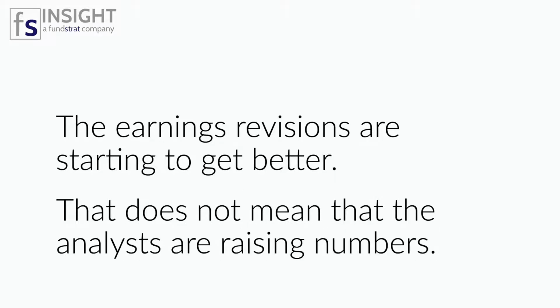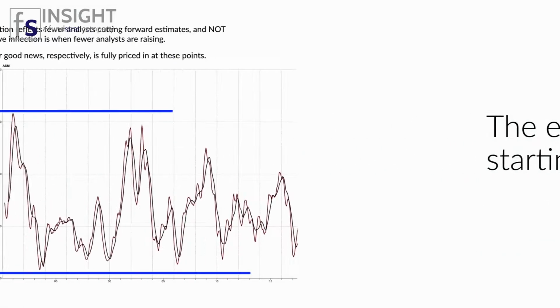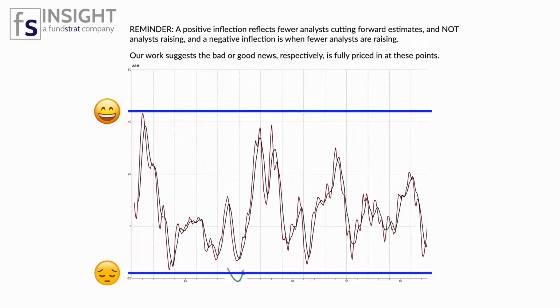It's a very important concept. This means that the rate of change of the bad news is getting less bad, which we refer to as a second derivative change. By the time the analyst community generally starts raising their numbers, my research shows that areas have already begun to outperform.